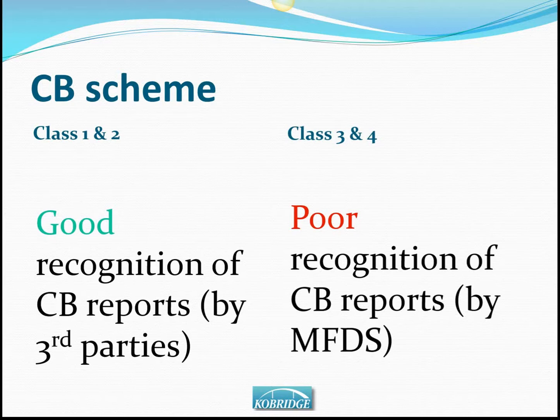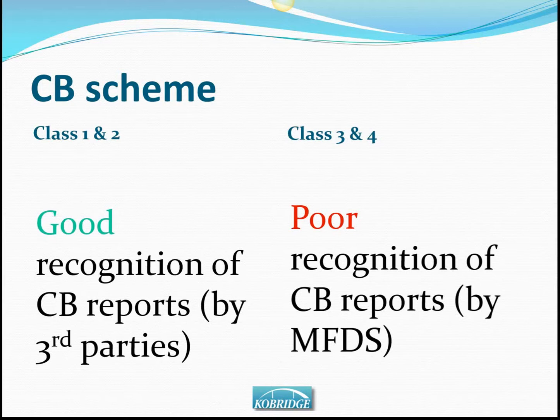But for class 2, it goes through a third party, usually a Korean lab, and in most cases they are also members of the IEC, and they also apply the same level of deviation. So they also recognize pretty much all the CB reports.